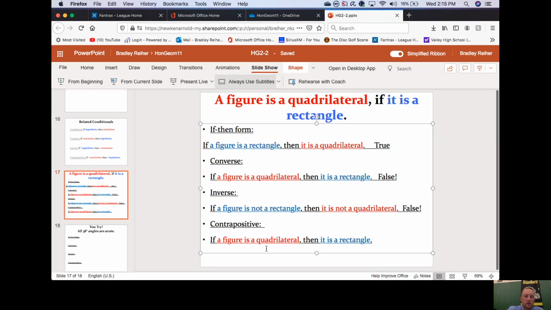If a figure is not a quadrilateral, then it is not a rectangle. That's how you write the contrapositive. Now think about its truth value. If it's not a quadrilateral, then it's not a rectangle. If you don't have a quadrilateral, there's no way it can be a rectangle. That's true.